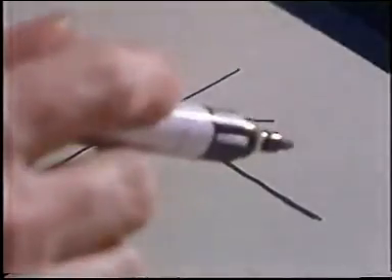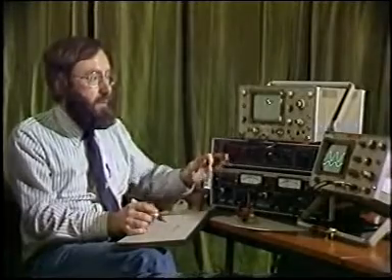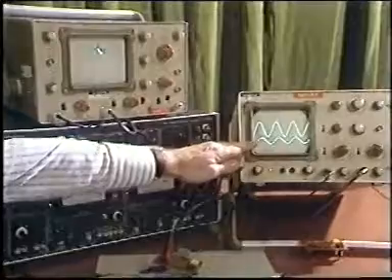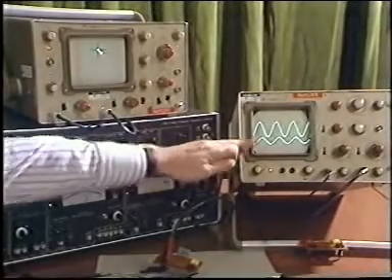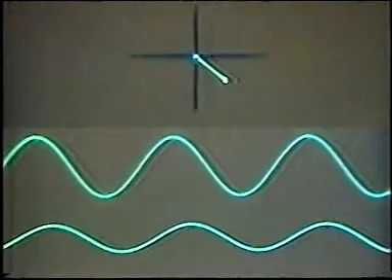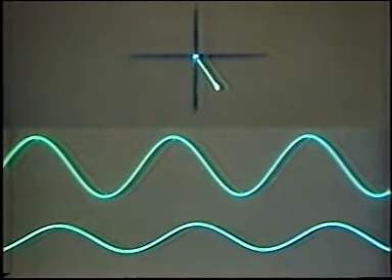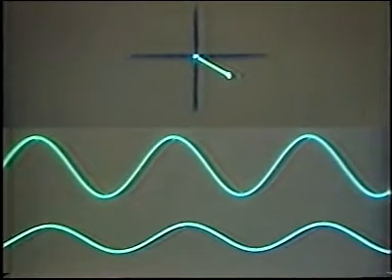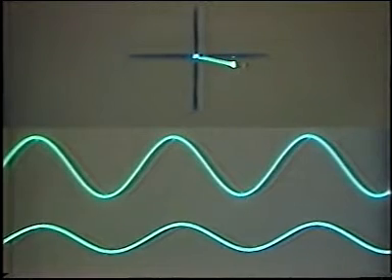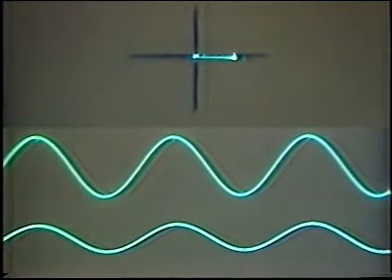Now, I can use this equipment here to represent the phasor corresponding to the output signal on this oscilloscope. Well, here's the full picture showing the phasor at the top corresponding to the bottom of the two sine waves. If I vary the phase of the sine wave, you'll see the angle of the phasor changes. I'm now bringing the two waveforms back into phase.